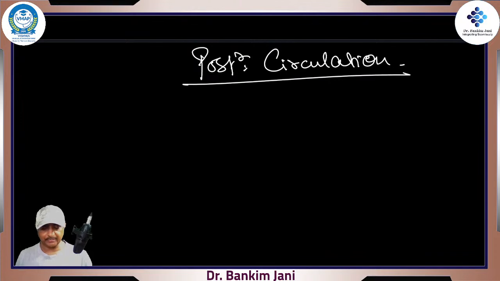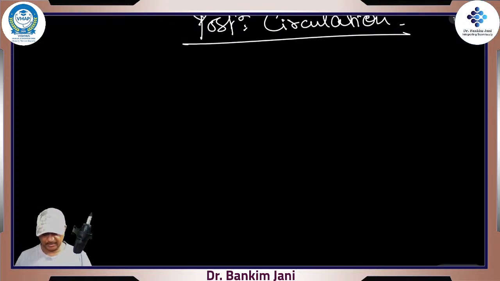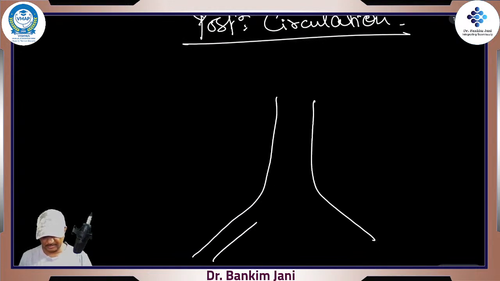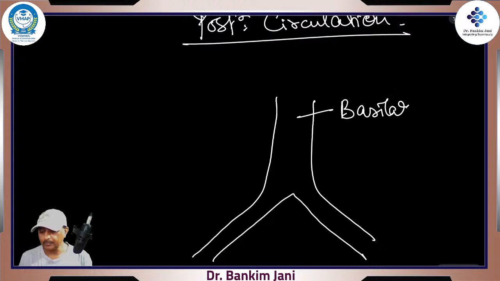Those vertebral arteries are the branches of the subclavian, right? We saw that. So this vertebral artery goes like this. We have already drawn this, right? This is the vertebral artery, and where exactly do they join? This part is the basilar artery.